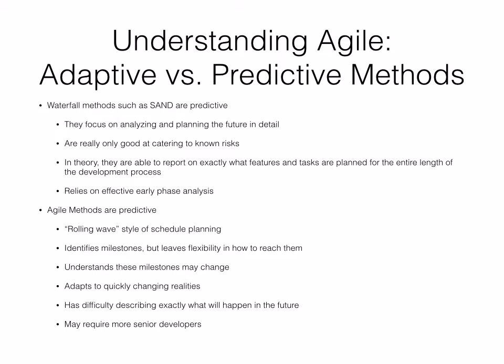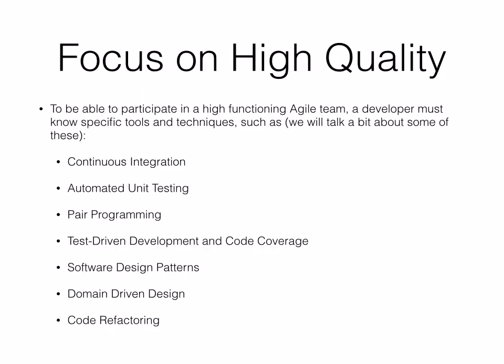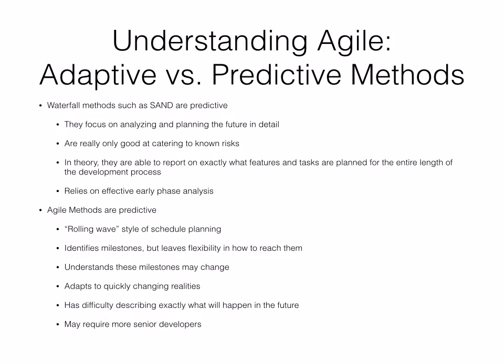A lot of times what this means is that developers may have difficulty describing exactly what will happen in the future. It may also require more senior developers to embrace such a philosophy, which requires you to know some of the things we talked about on the previous slide, with the focus on high quality, and to be able to work in a highly functioning team.